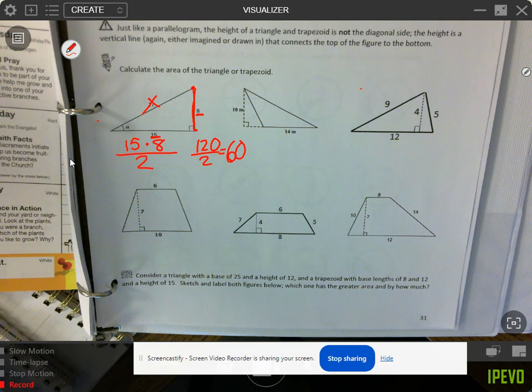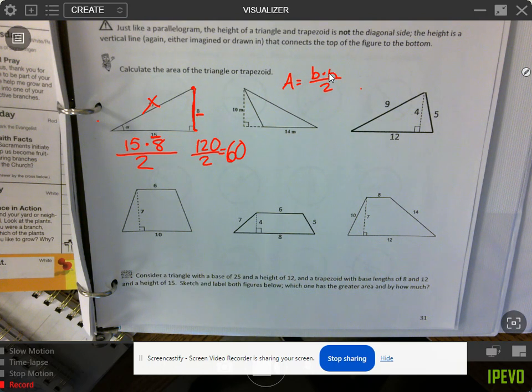So like, do we times for all of them? So for the triangle, your formula is always base times height divided by 2. How did we get the 2? It's the formula.